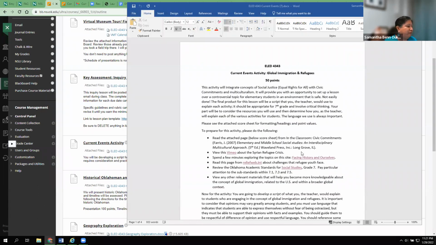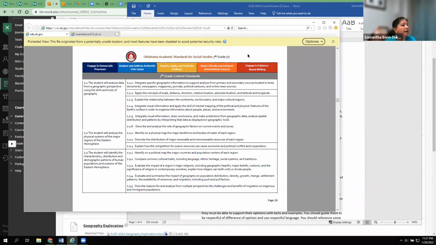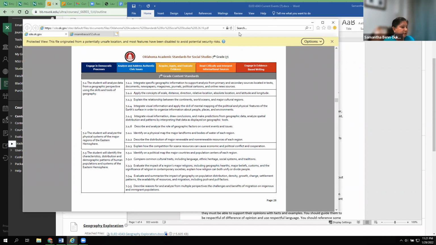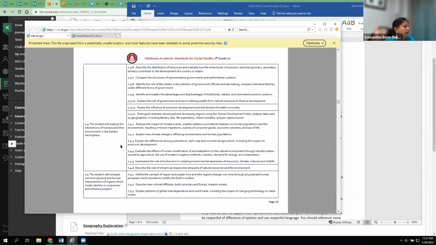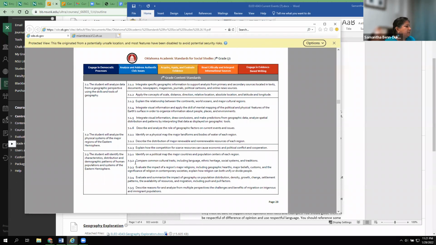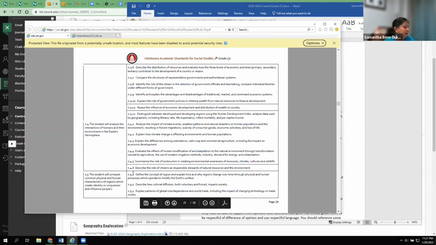So after you have viewed those, another place that you're going to need to look will be the standards for 7th grade social studies. And you're going to pay particular attention to 7.1, which is all of these, 7.3, and 7.5, because you're going to choose one from each of these.